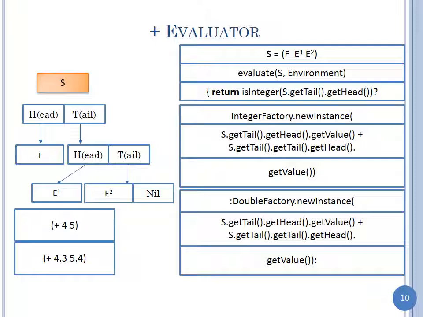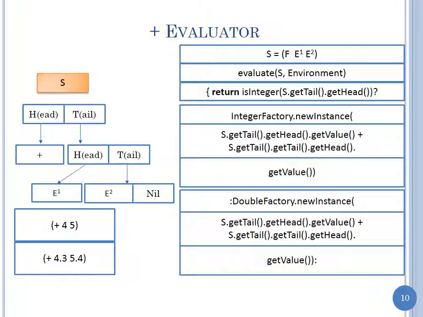Okay. So what have we got? We've got a structure of the form that I've shown here, where we've got the head node of this composite expression be a plus, okay? And the tail node points to a list that consists of two elements, E1 and E2, okay?